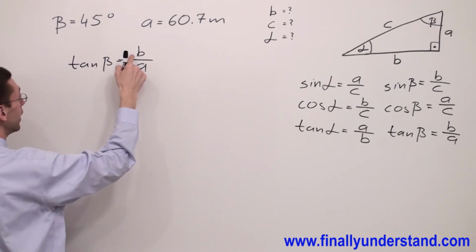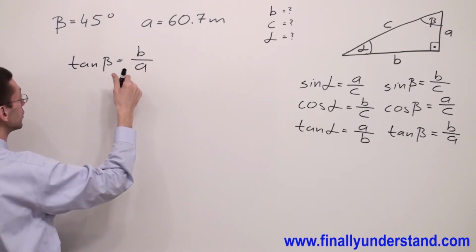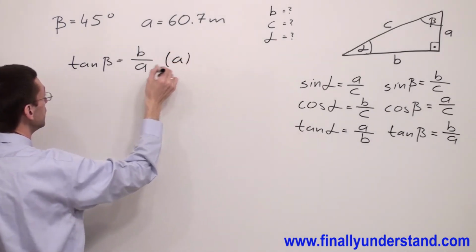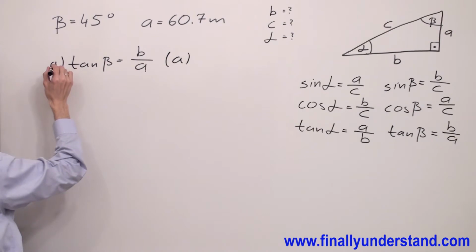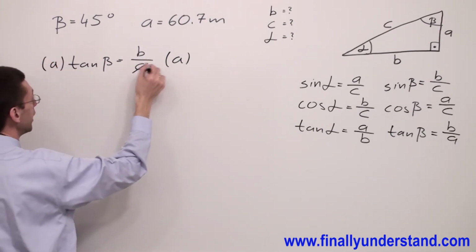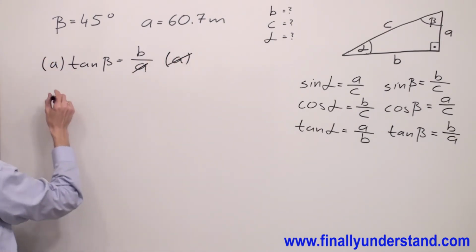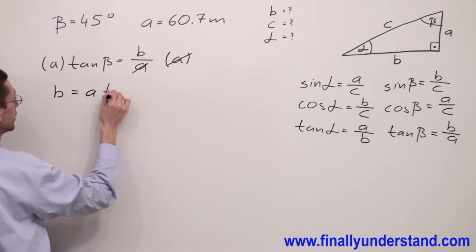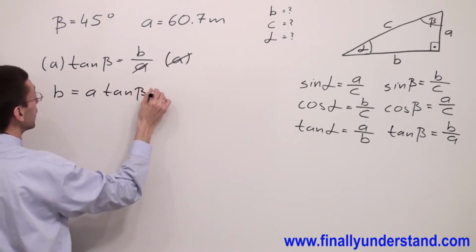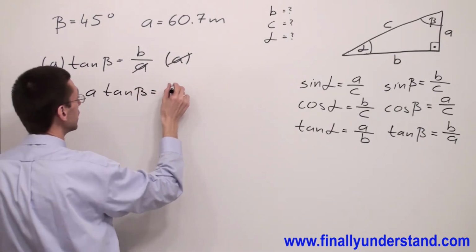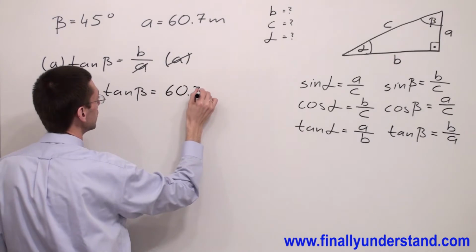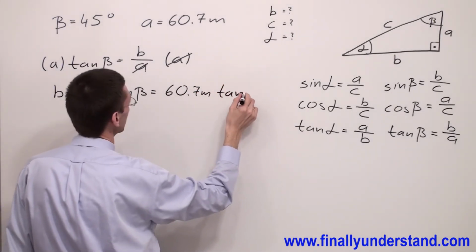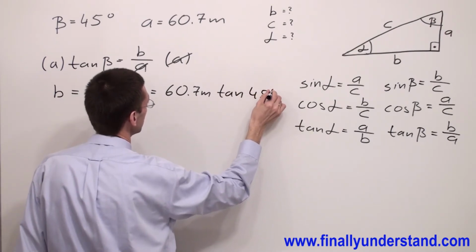In order to find B, I'm supposed to rearrange the formula. I have to multiply both sides of the formula by the denominator. A and A will cancel out, and I have B is equal to A times tangent beta, where A is equal to 60.7 meters times tangent beta, which is equal to 45 degrees.